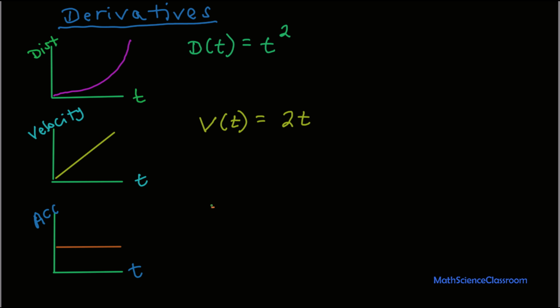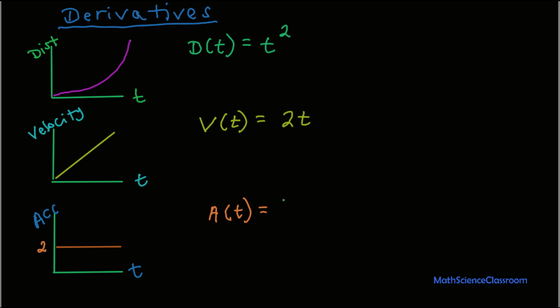And we would write our formula. The acceleration over time, or a(t), equals, so how is it accelerating? What is the relationship? It's actually remaining at 2.